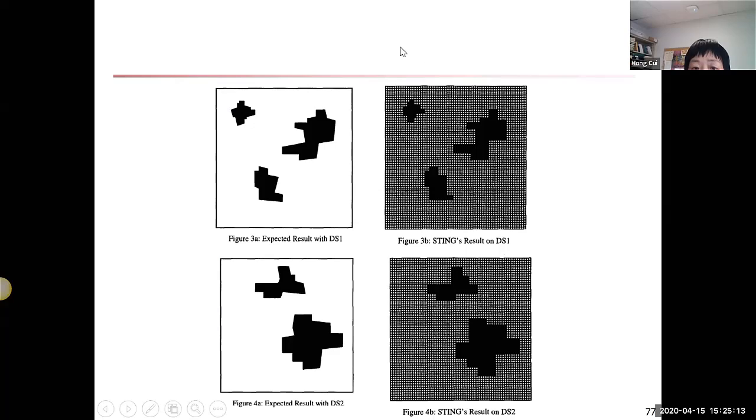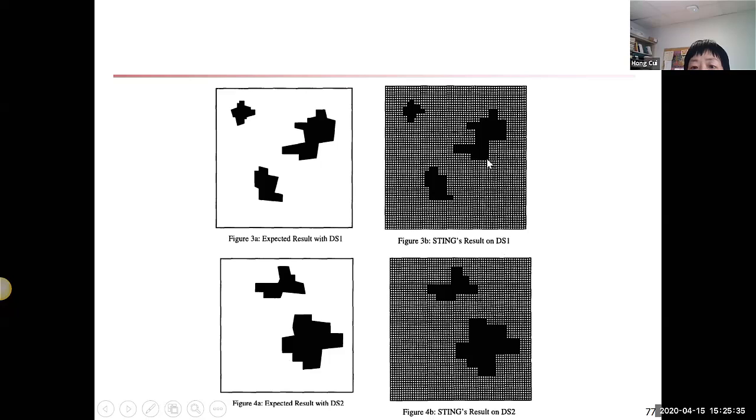So here are some of the answers to the regional queries. Give us the regions that have property with an average price of this much, things like that. And we can see the expected result. This is a gold standard. And this is what the algorithm returns.